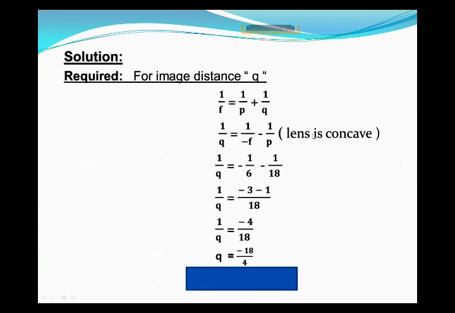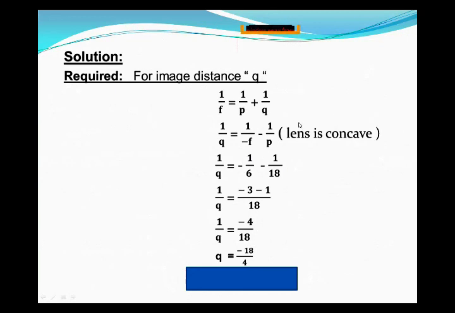Now, for finding Q, we will use the lens formula, that is 1 over F is equal to 1 over P plus 1 over Q. Here, one thing is more important. We have to observe what is the nature of the lens. If the lens is convex, then its focal length will be positive, while if the lens is concave, then its focal length will be negative.